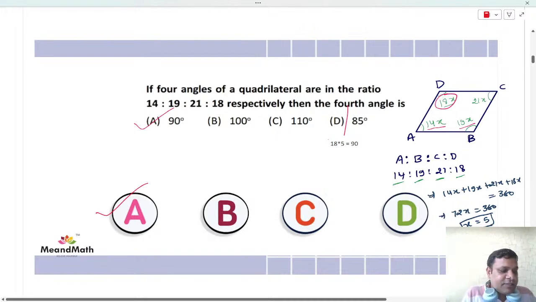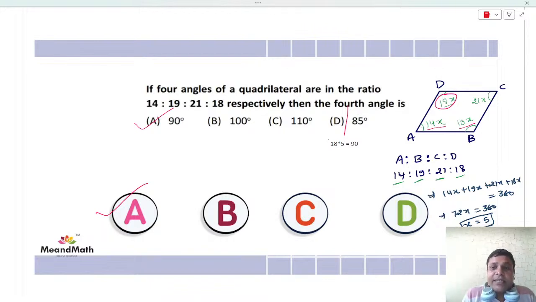So is that clear, students? The fourth angle will be 90 degree. If it is asked about the first angle, that first angle is 14 into 5, that's 70 degree. Second angle 19 into 5, so 95 degree. Third angle 21 into 5, it's 105 degree, and fourth angle is 90 degree.